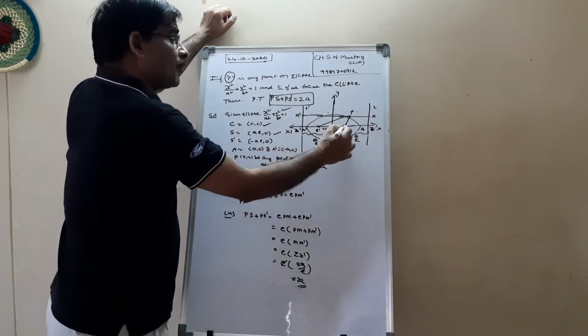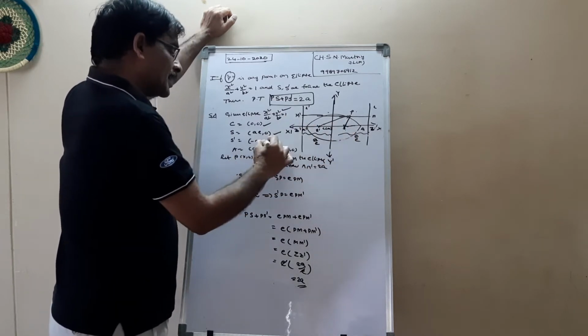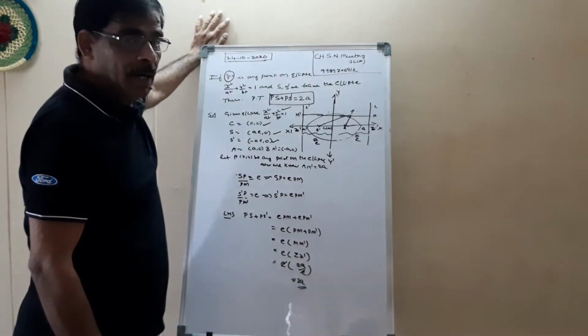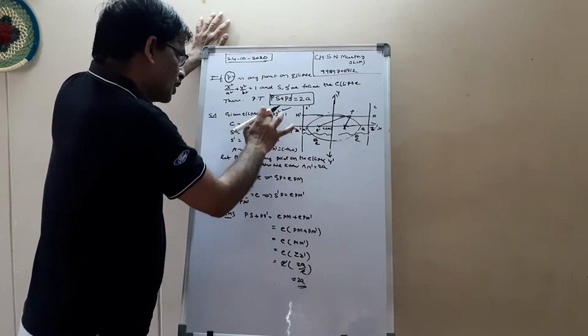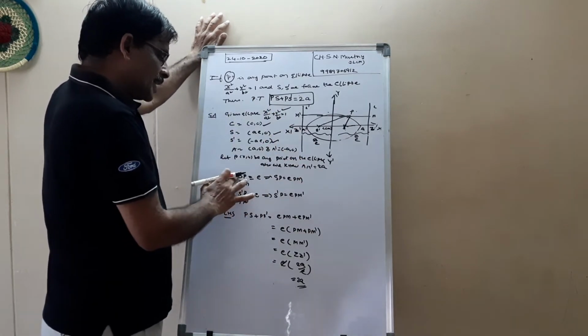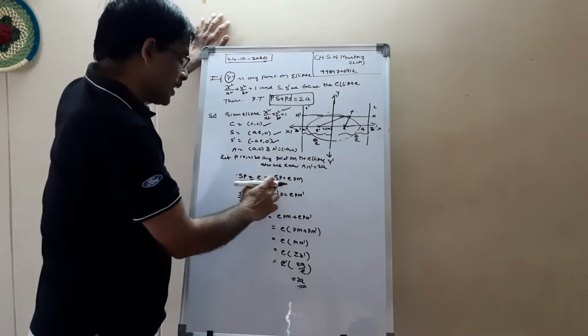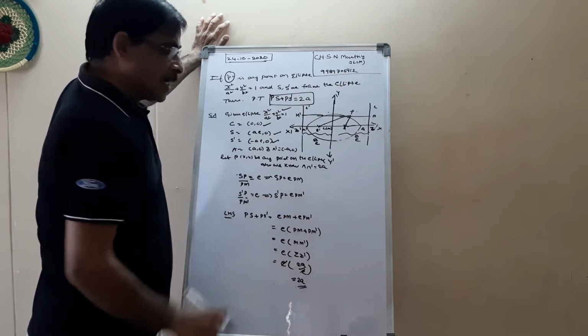One focus is at ae comma 0. On this side the coordinates of S dash are minus ae comma 0. See, we have to show this result. SP by PM equal to e, that is the conic definition. SP equal to e PM and on this side S dash P equal to e PM dash.